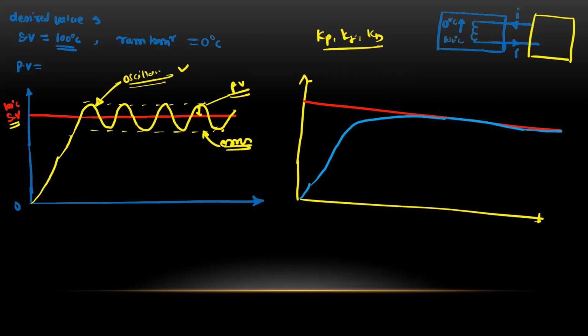Okay. So there should not be any error. So error should be approximately 0. Okay. And there should not be any oscillation in the system. So for that, we have to adjust these parameters Kp, Ki, and Kd. So first we will understand how this parameter control the error.